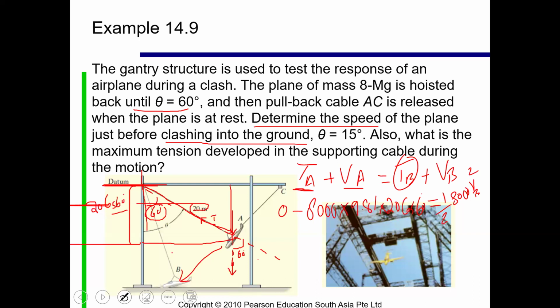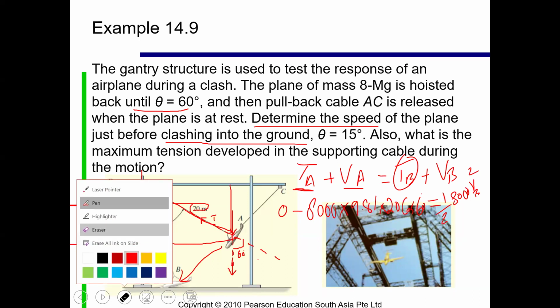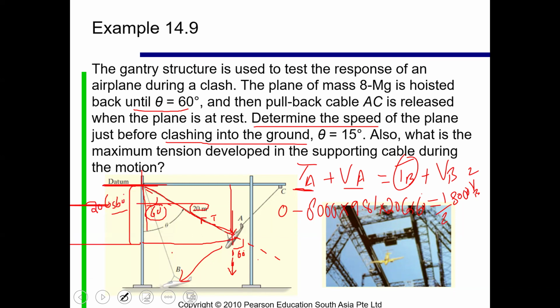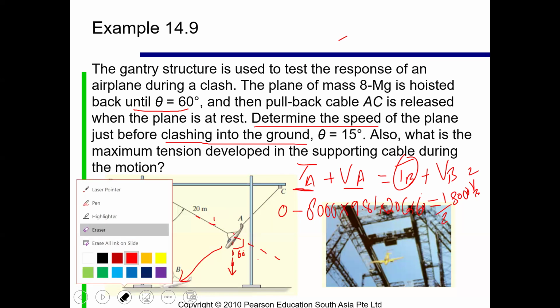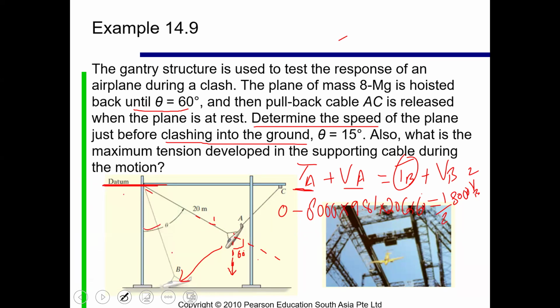What should I write for the gravitational potential energy? This is the kinetic energy, TB. For VB, the representation of potential energy, what should I write? I will write minus here. Which distance do you need this time, students? This is 15.